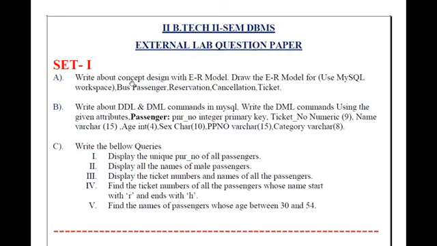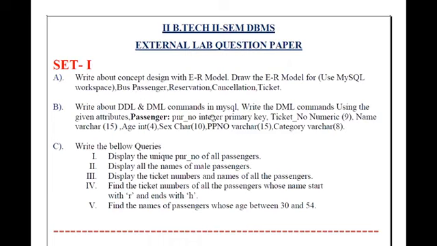As per DBMS, they must give it like this, because the ER model is important, and DDL and DML commands are also important, especially in a database management systems lab.